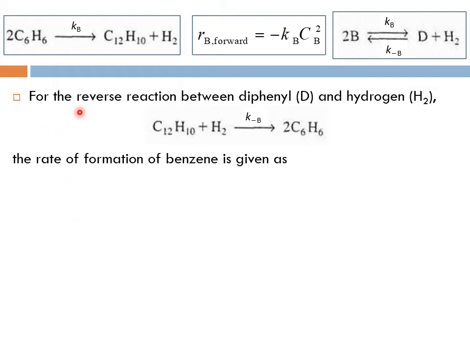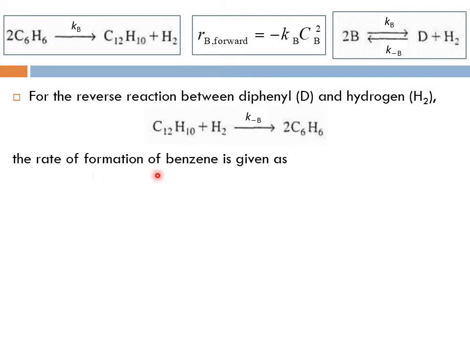For the reverse reaction between diphenyl and hydrogen, basically we are standing at this side and looking at the reverse reaction. So let's write the reverse reaction. Here we go. This is the diphenyl, this is the hydrogen reacting to form 2 molecules of benzene, and the rate constant is k_-B. Again, the rate constant is based on the species B, benzene.